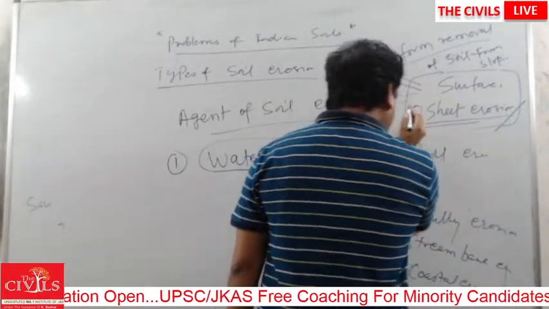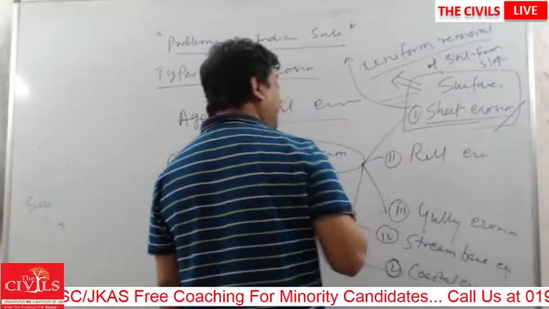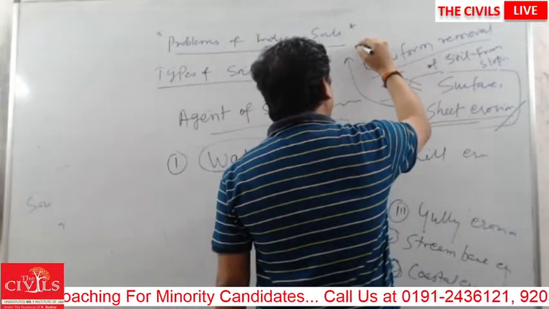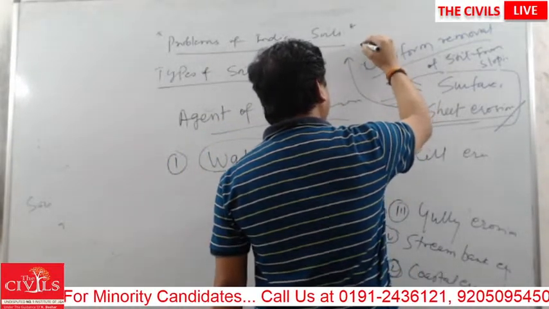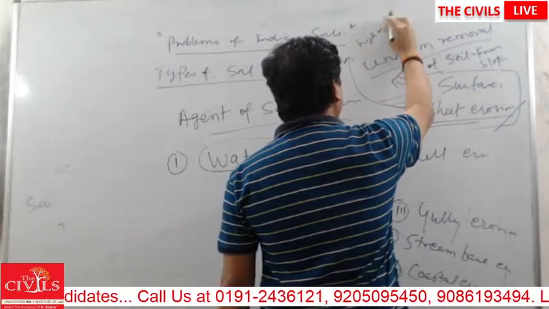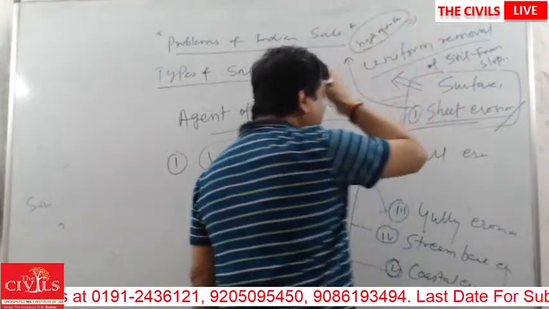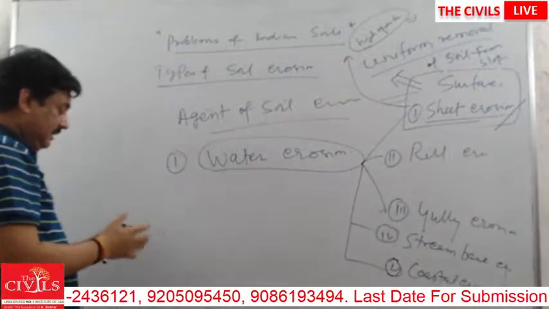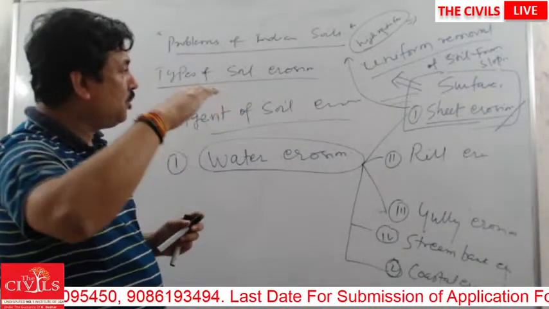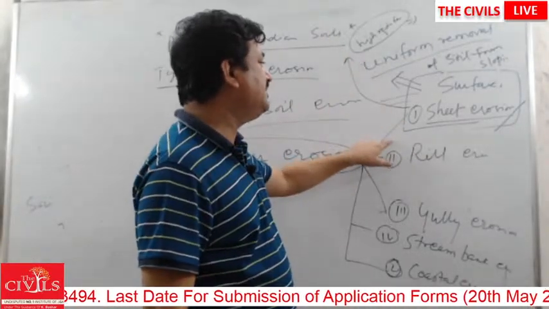Sheet erosion also takes place when the amount of rainfall is high, in those areas which have a gentle slope.